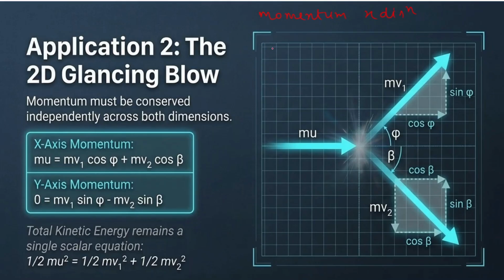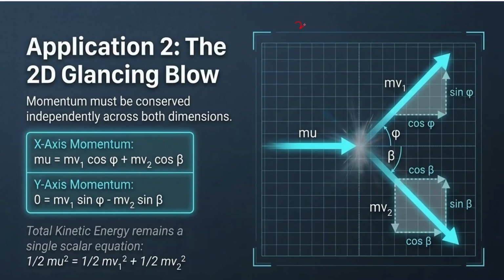First, we have the formula of momentum, p equals mv. For the initial momentum, this particle has no momentum because it is at rest before the collision, so v is zero for this particle. But the momentum of this particle is mu, the initial one. Let's suppose the deflections are the angle phi and the angle beta.